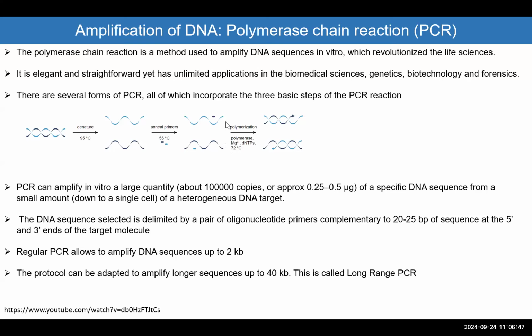And then we will add a polymerase that has the buffer that contains all the requirements in order to copy these two strands. So the polymerase needs magnesium, and we will have the dNTPs, the deoxynucleotides, so that the polymerase can read and then generate a copy.